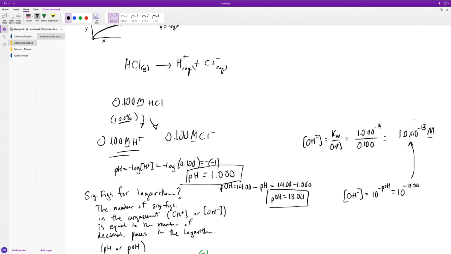Okay, and so that is the concentration of OH minus. So we found all 4 of them now. Ooh, that's this chloride, which I don't really care about. H plus. Okay, so there's all 4 of them. All right.